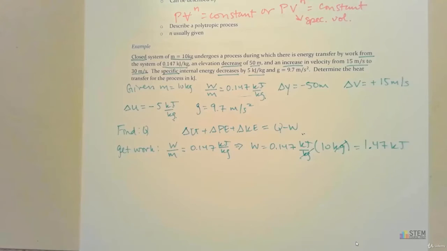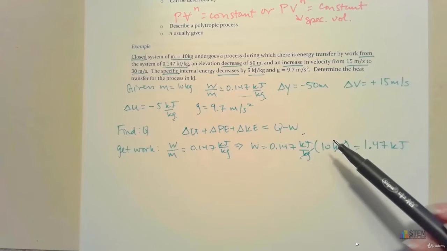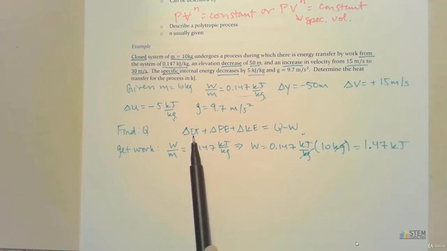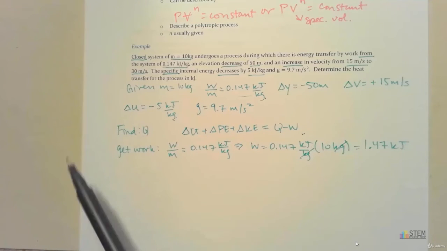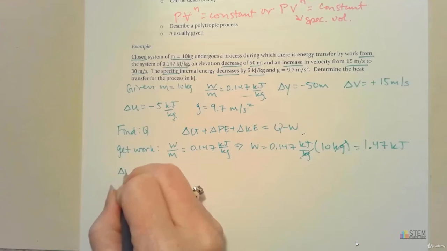Now we're going to do the same thing for the internal energy that was given. In your equation you've got capital U. That means you want units of kilojoules, not kilojoules per kilogram, which is what you were given. So we need to convert this specific internal energy to just internal energy.